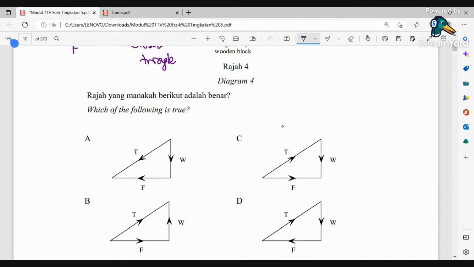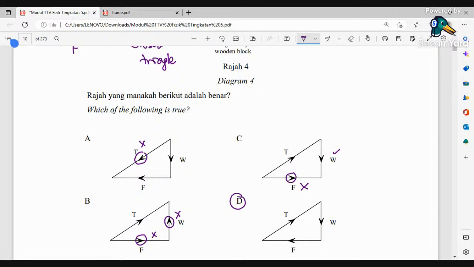Okay, the first one, direction here is wrong. Okay, B, W is wrong. This one also, T is correct. Okay, C, W downward, this is wrong. It should be like this. So now the answer is D. You can look here, W downward, F to the right, and T in the direction shown in the diagram.